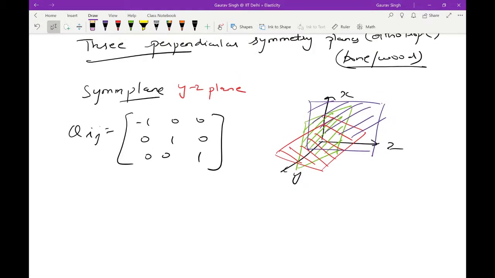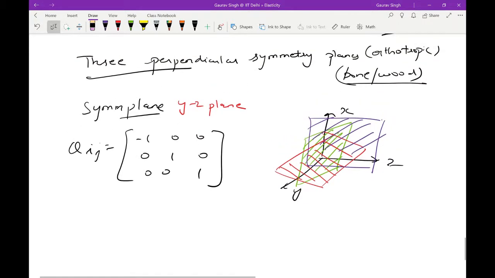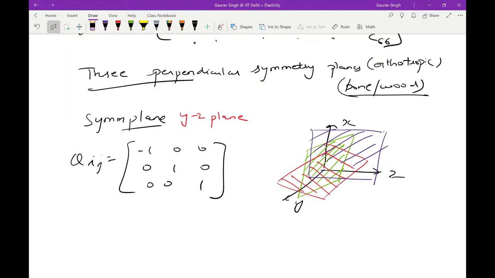So you have to now again repeat the same idea. What do you have to do? You have to again apply this Cijkl is equal to Qim Qjn Qkp Qlq Cmnpq. Okay.